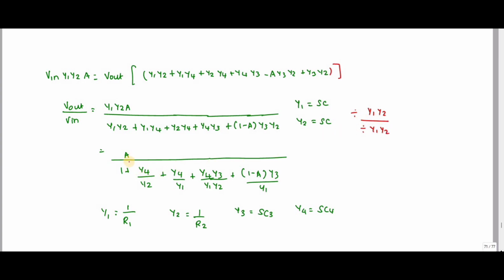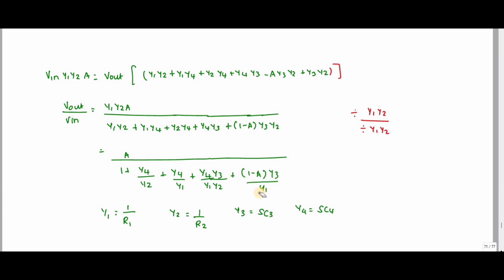I will get A divided by 1 plus Y4 divided by Y2 plus Y4 by Y1 plus Y4 Y3 divided by Y1 Y2 plus (1 minus A) into Y3 divided by Y1.